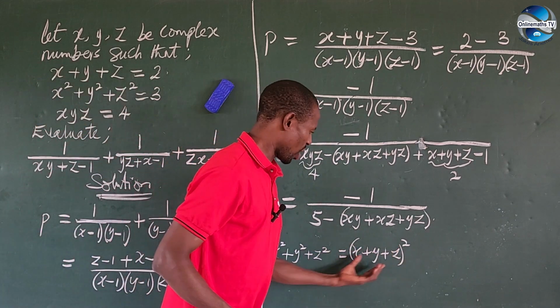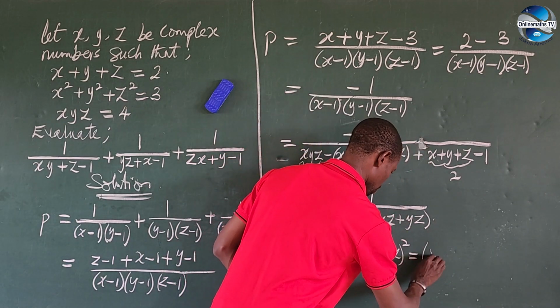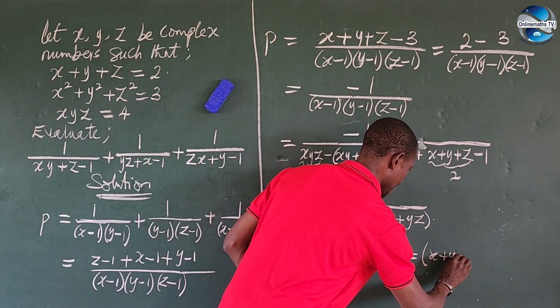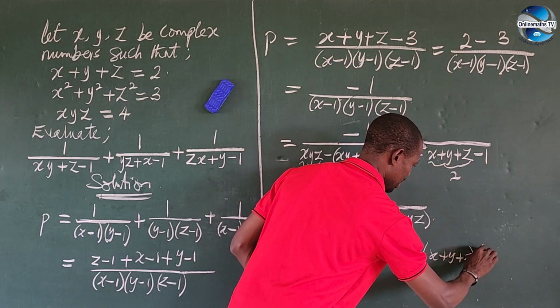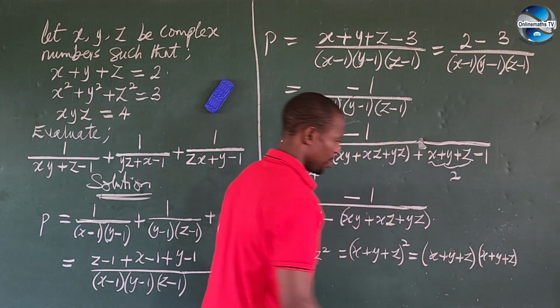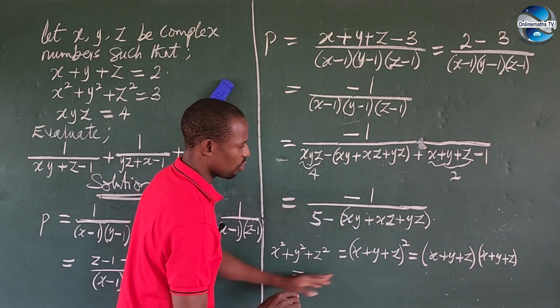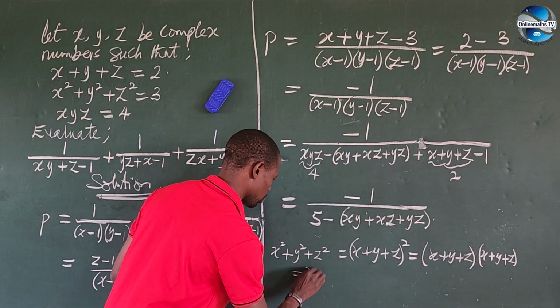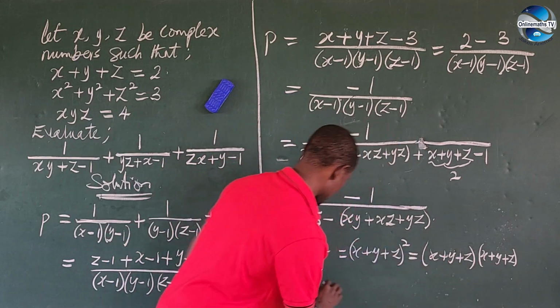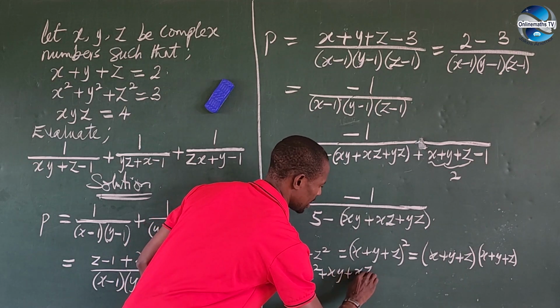And again, we are to open this. Let's go gradually so that you don't get confused. So we have x plus y plus z close bracket x plus y plus z. If we open gradually, this is equal to x squared, plus xy, plus xz.